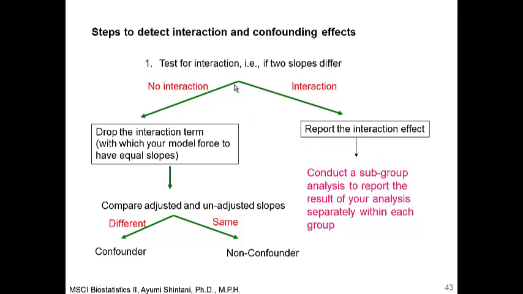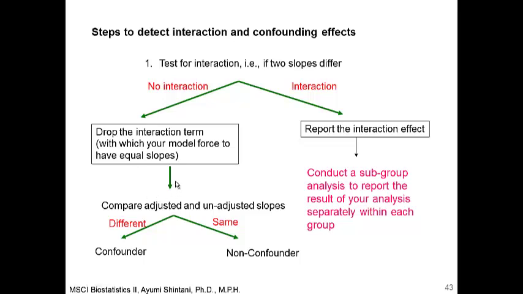If the p-value for interaction is not significant, drop the interaction term. In fact, you also need to assess clinical significance as well. Sometimes, or many times, interaction analysis is underpowered, so a clinically meaningful difference may not be detected.